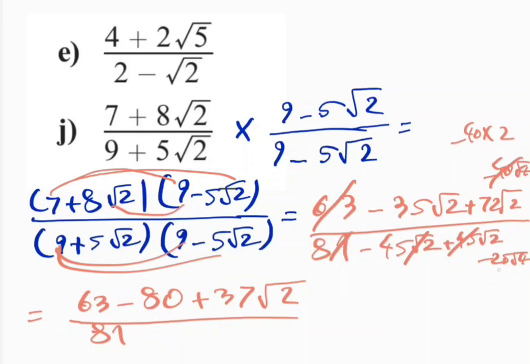Now here we have minus 25 times root 4. Again, minus 25 times 2, which is minus 50. Now we can simplify this one more step. So 63 minus 80, which is minus 17, plus 37 root 2. And then 81 minus 50 is 31. And this is the final answer of J.